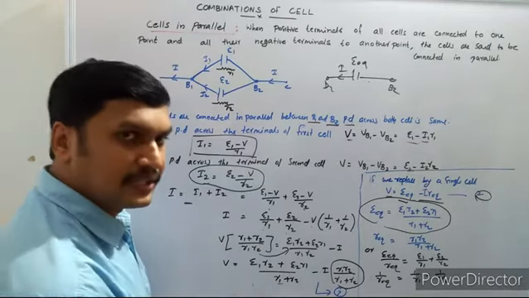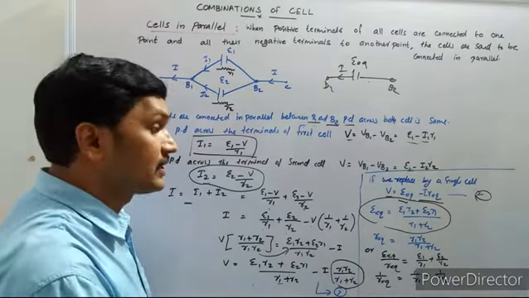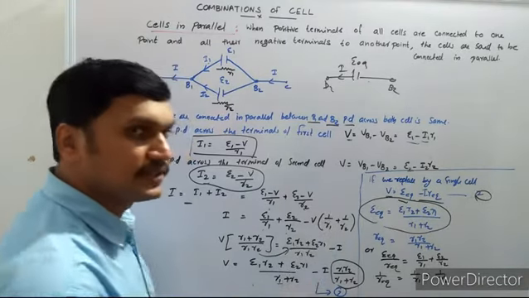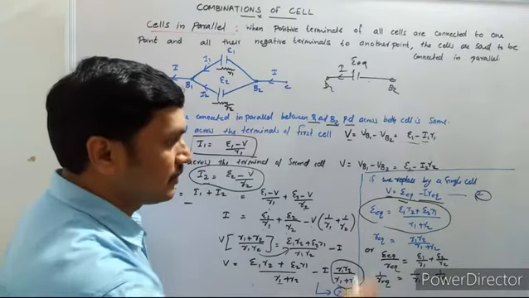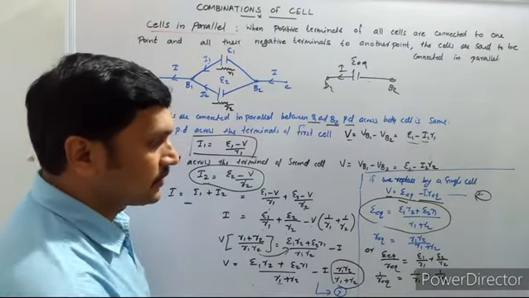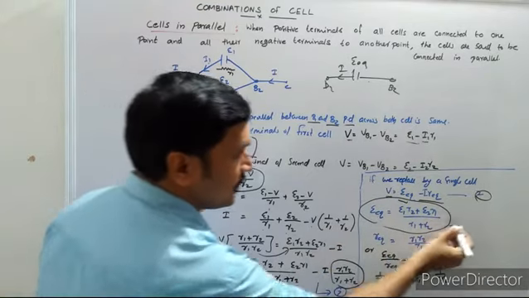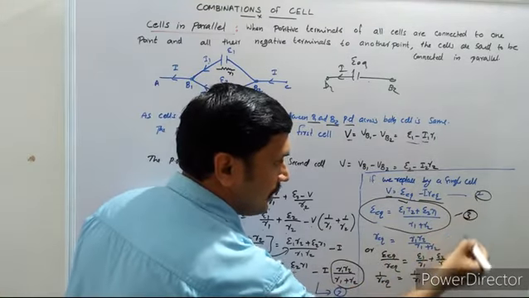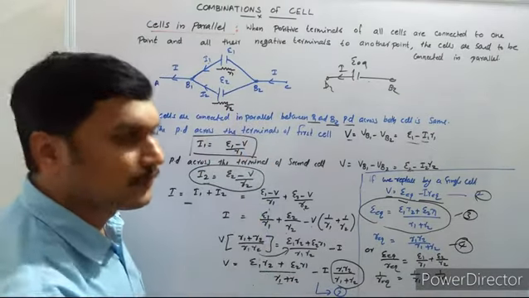But if you are connecting three cells, the equation becomes quite complicated. If n cells are there, it's very difficult to write this equation. So we have an alternate form. We can write this equation in a very simple way. Suppose this is equation 3 and this is equation 4. Divide equation 3 by 4.